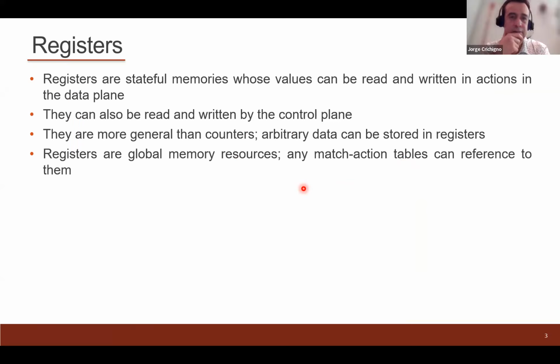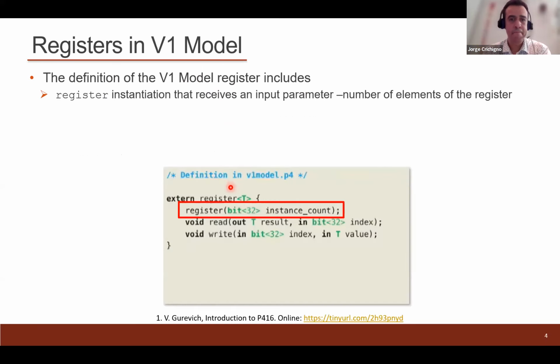So what we said is, I was talking about registers, and they are very powerful because they can be read and written from the control plane and also from the data plane. Now, how to use registers? Here is the definition of the register, and this is from the v1model.p4. This is the architecture we are using. First, if we want to instantiate a register, there is an instantiation here, and there is a parameter that is given, and this is the number of elements.